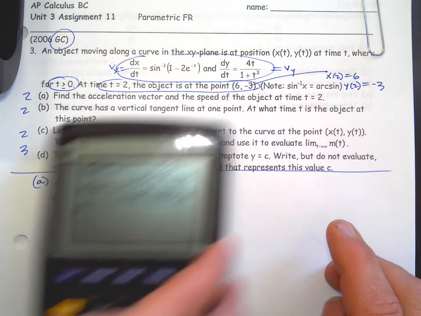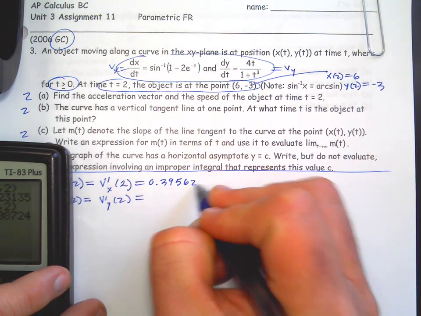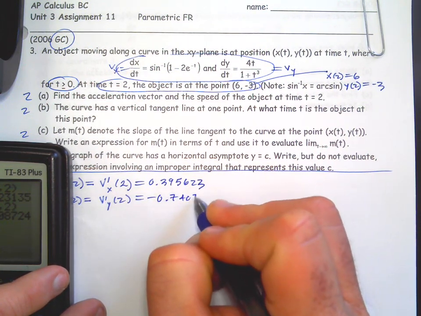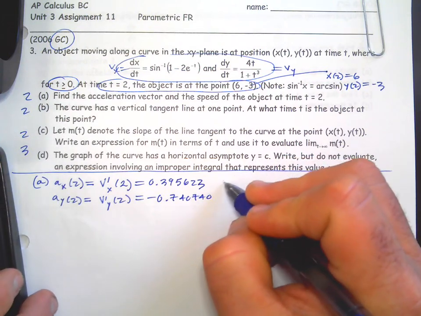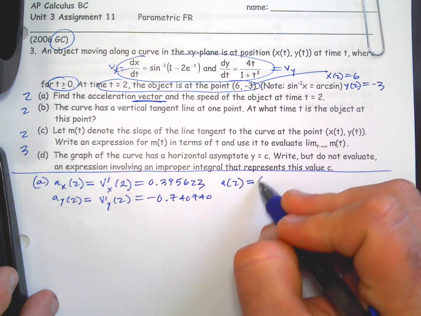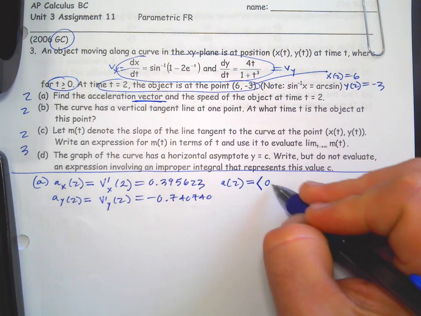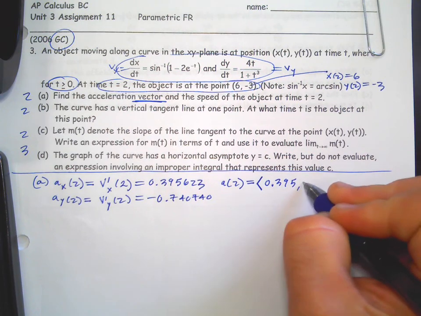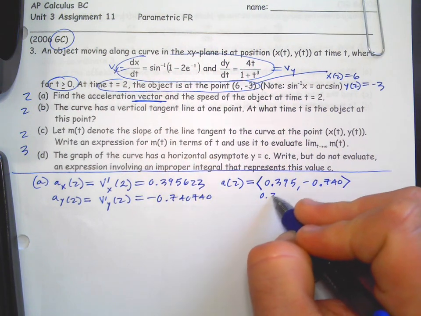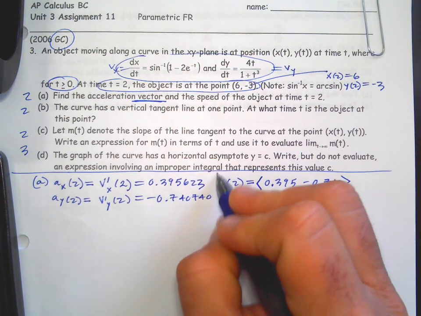So 0.395623, negative 0.740740. So the acceleration vector at time 2, it says vector, that's usually what we do, x and y components, kind of like an ordered pair: 0.395, negative 0.740. Truncated, you could do 0.396, negative 0.741 if you wanted.